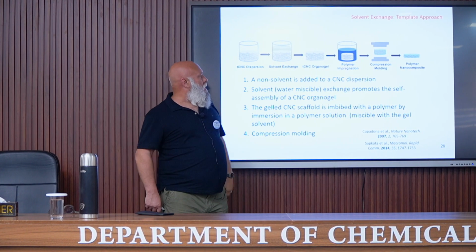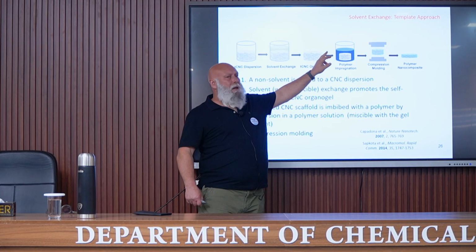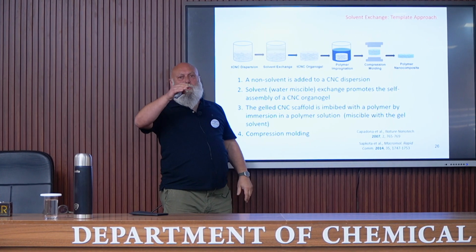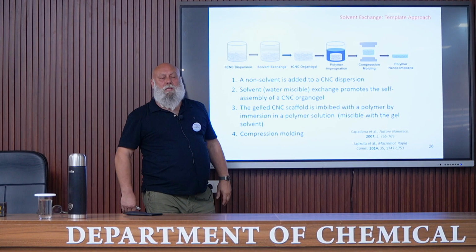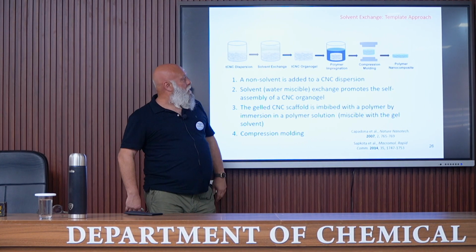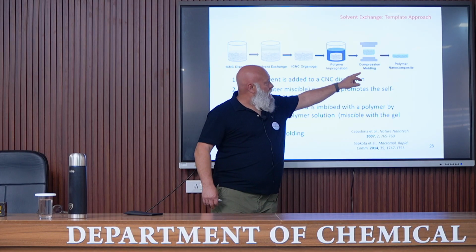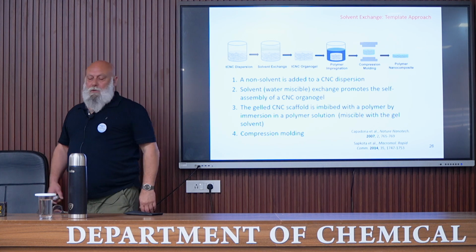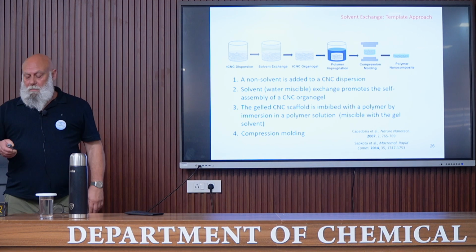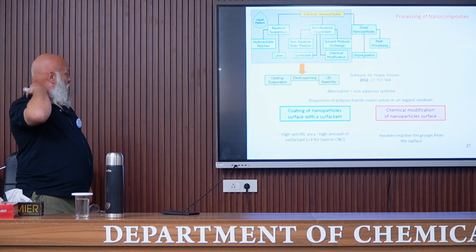So you can see that there are some restrictions. And after 7 weeks, we have a progressive exchange. And the polymer can penetrate into the network of nanocrystals. And then this material is hot pressed to obtain a composite. It's good, but you see that there are some limitations and the process is very long.